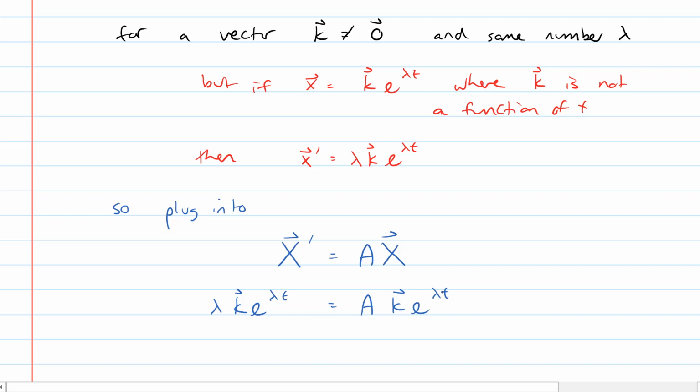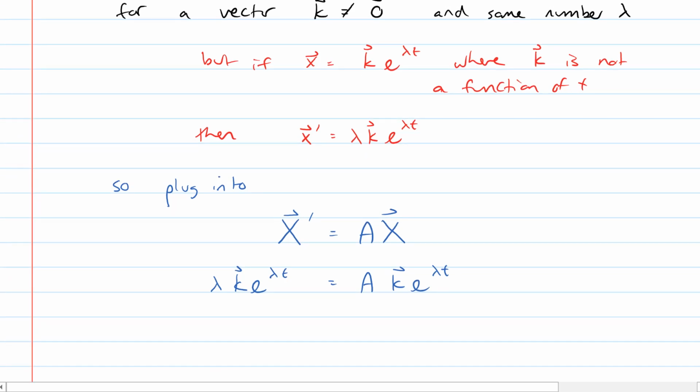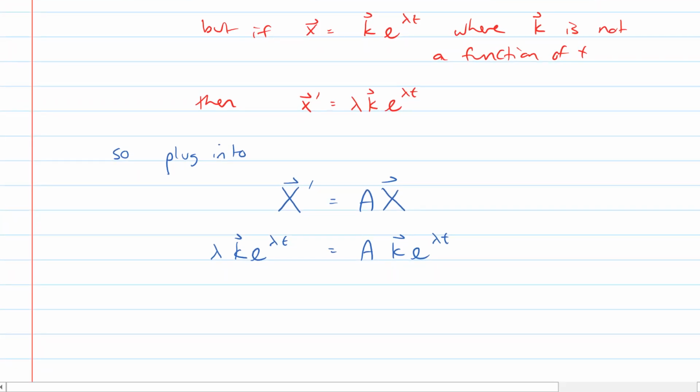And essentially what we've done here is we've said that instead of writing x as this huge sum, we're writing it instead as just the column vector k times e to the lambda t. Notice that the e to the lambda t's are going to cancel here. And then we get that lambda k is equal to A k.